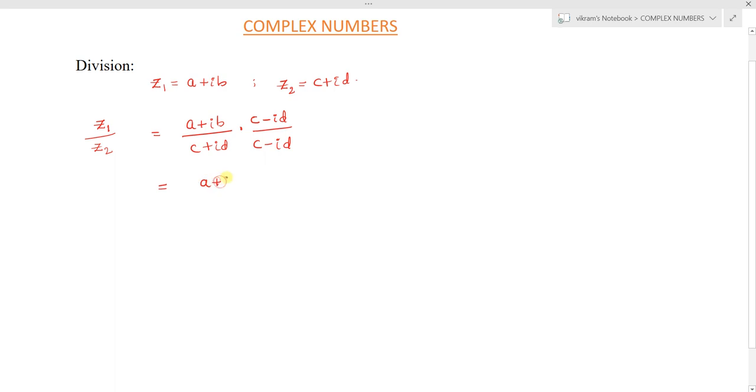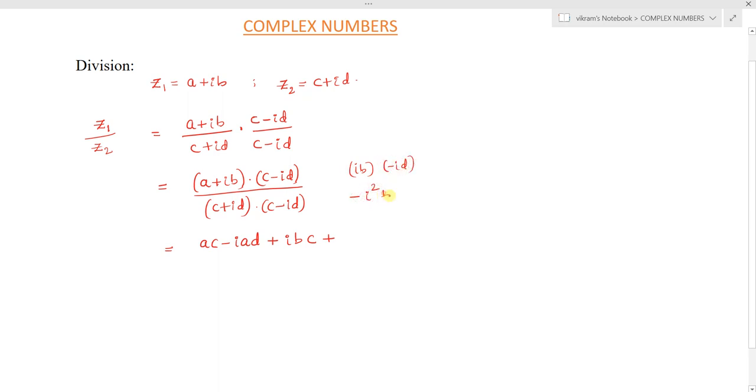What we are getting is a plus ib into c minus id, by c plus id into c minus id. This equals a into c, so ac, minus i times ad, plus i times bc, plus ib into minus id, which equals minus i square bd.